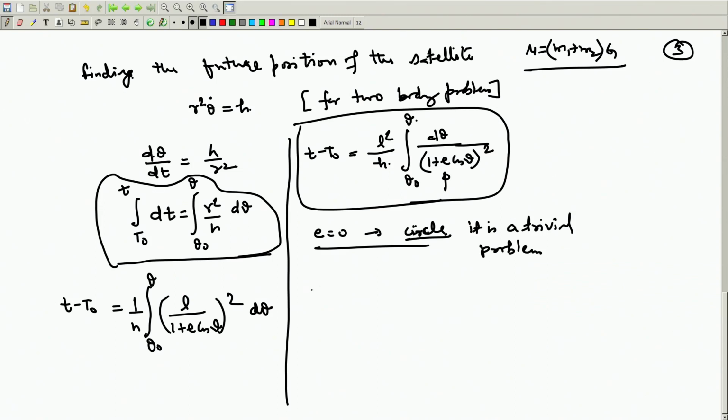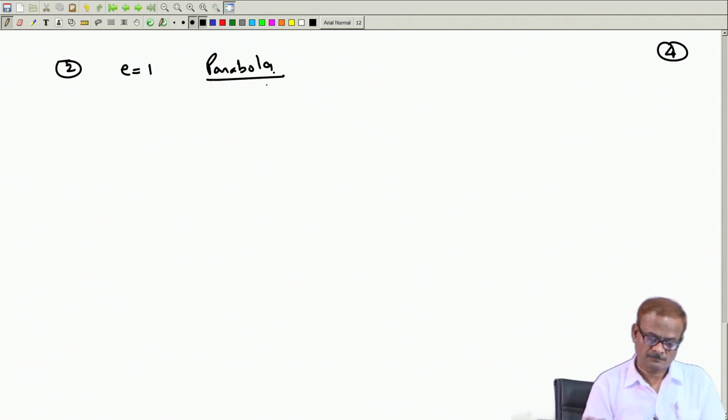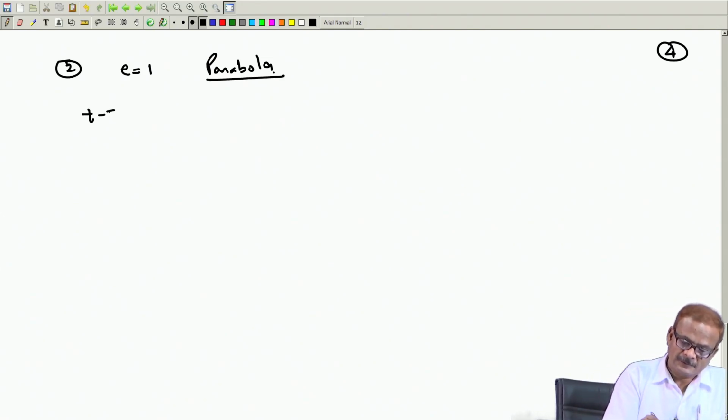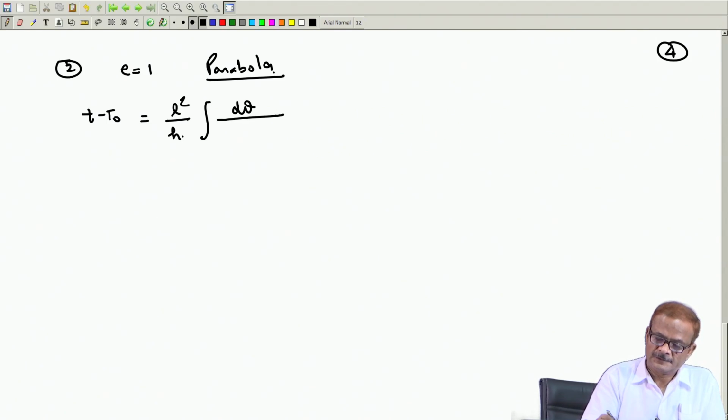The second case is that of the parabola, e equal to 1. In that case, t minus t 0 gets reduced to L square divided by h, d theta over 1 plus cos theta whole square.